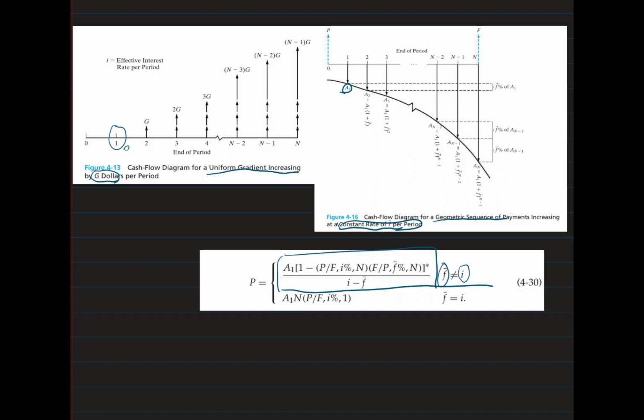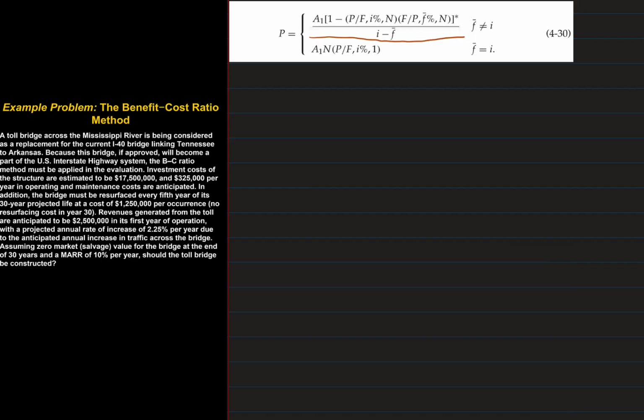And if we have the same discount rate and increase rate, which is when I equals F bar, then we use the one below. For this problem, the increase rate F bar equals 2.25% and the discount rate I equals 10%, so we're going to stick to the upper equation here.